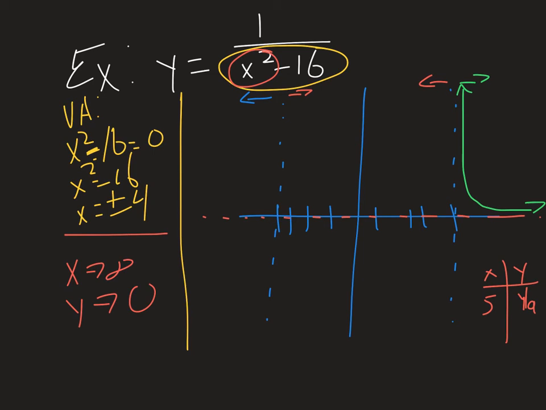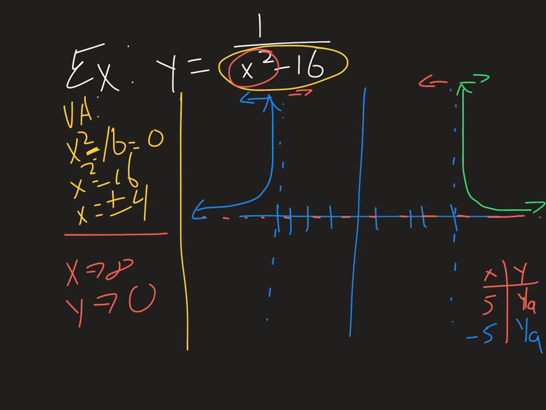So my right chunk is going to look like this green curve here. Similarly, if we look at the very, very far left, something less than negative 4, let's try negative 5. We'll take negative 5 squared, we'll also get 25, minus 16 is also 1/9. So very similarly, we're above our horizontal asymptote, and we're plotting just like so.